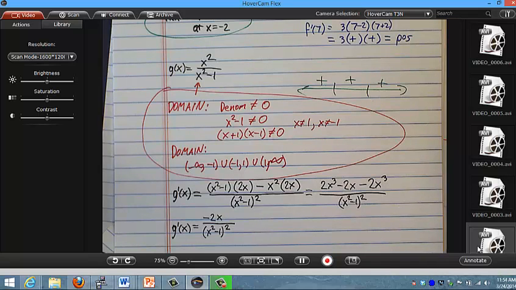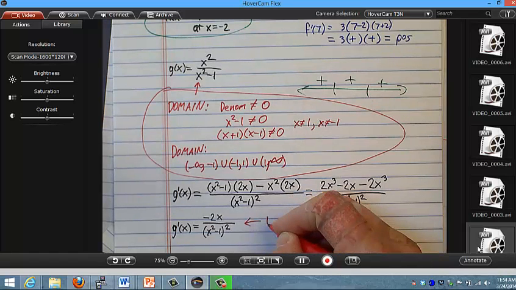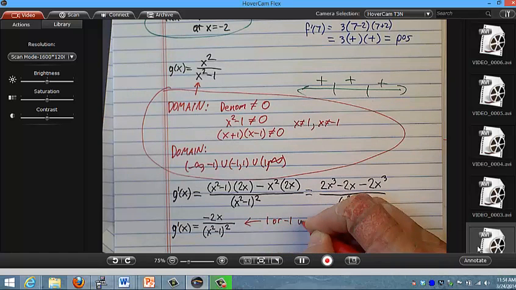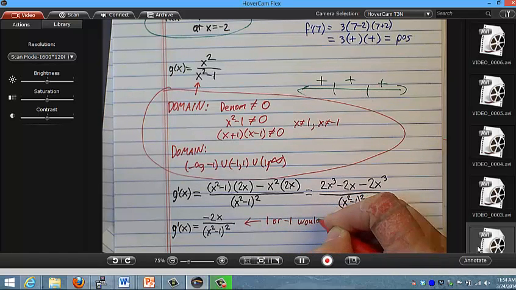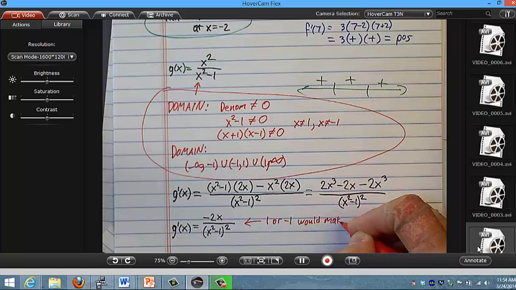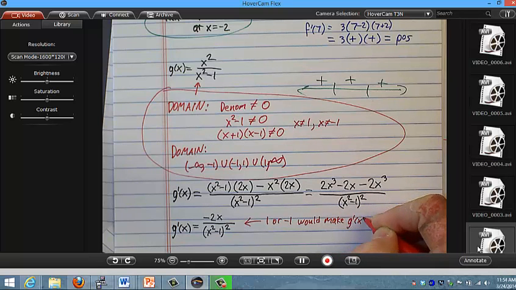Now we know if you put in a 1, what's going to happen? It's going to be undefined. To make a fraction undefined, you make the denominator equal to 0. So I'm going to say this: 1 or negative 1 would make g prime of x undefined.